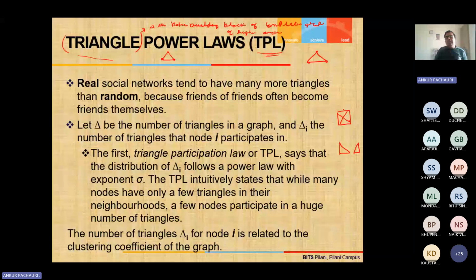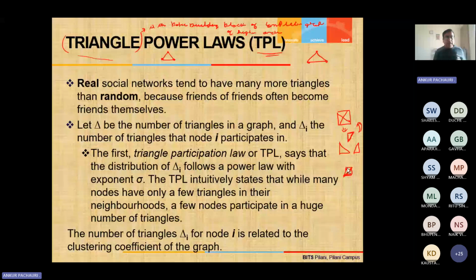Although I may require more triangles, can I create a complete graph of 4 nodes by merging 3 triangles? Yes, I can. If I merge one triangle, two triangles, and then three triangles, I will get a complete graph of 4 nodes.